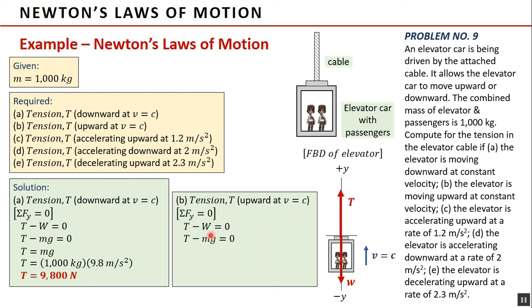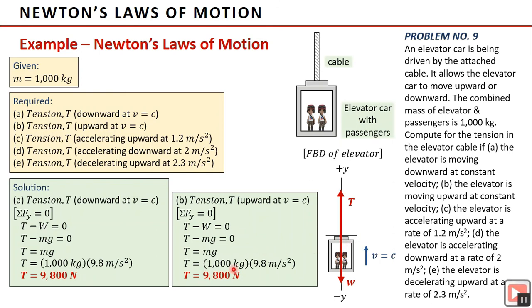But W is mg. Then we transpose mg to the other side of the equation. So tension T is equal to mg. Tension is 1000 times 9.8. So the tension in the cable is 9,800 newtons when the elevator is moving upward at constant speed or velocity.